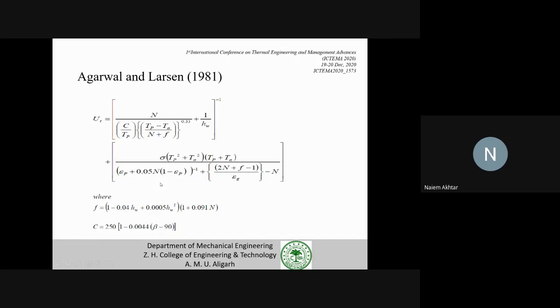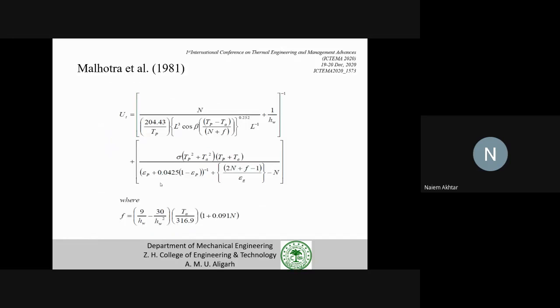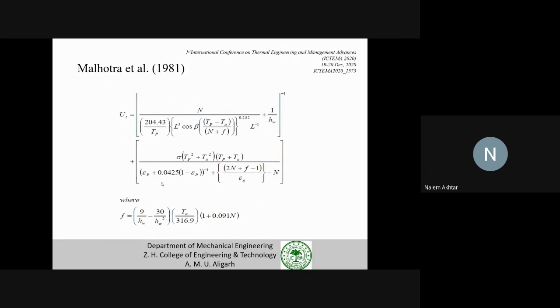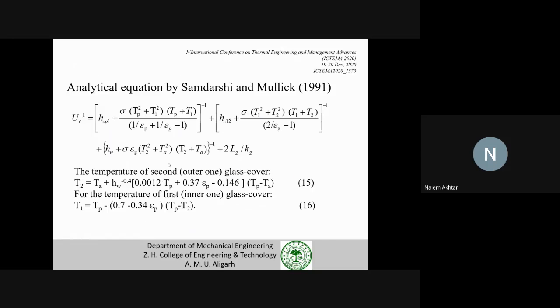Although the collector has so many variables covering a large range, this approximate relation fails in that condition. So another relation, an analytical equation, was given by Samdarshan Malik, and for this, as the glass cover temperature is not known, simple approximate relations for calculation of the second glass cover and first glass cover temperatures were given.